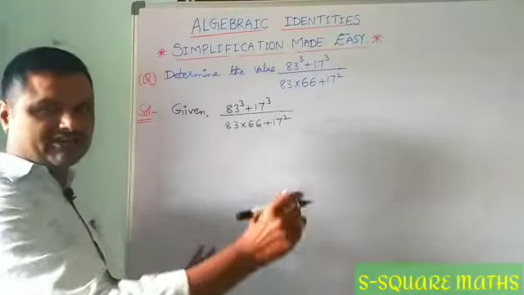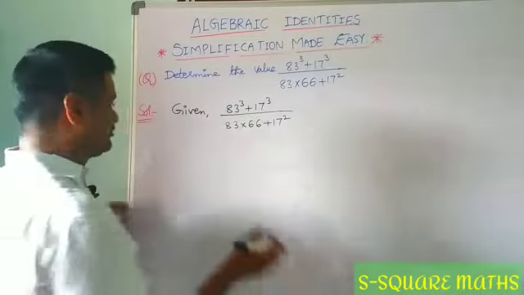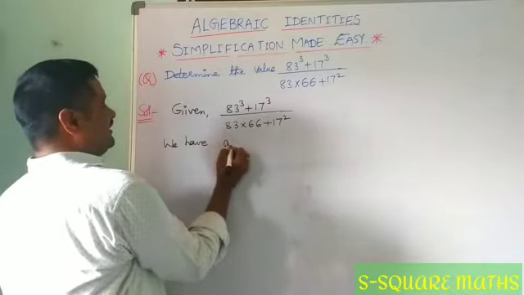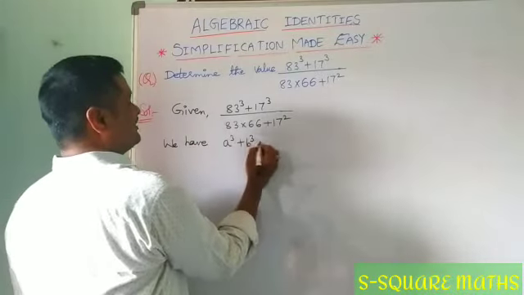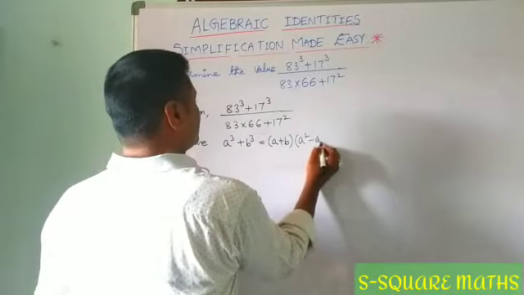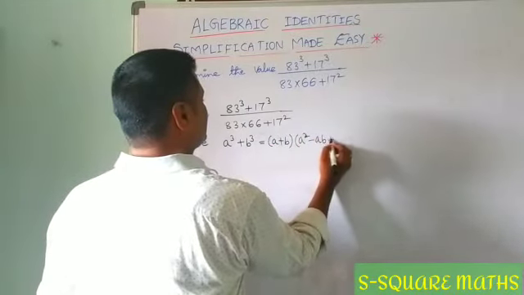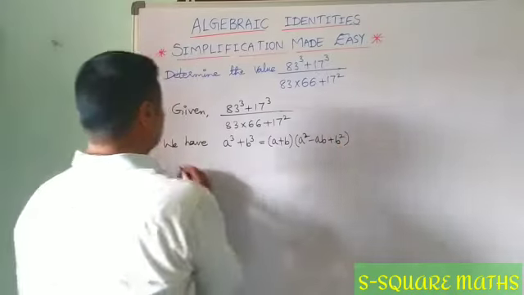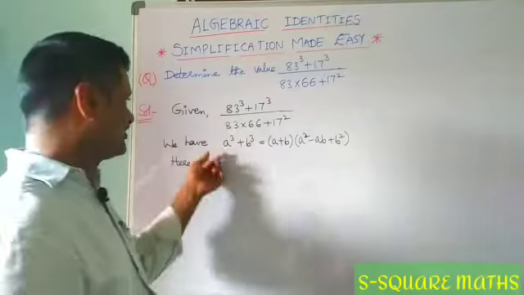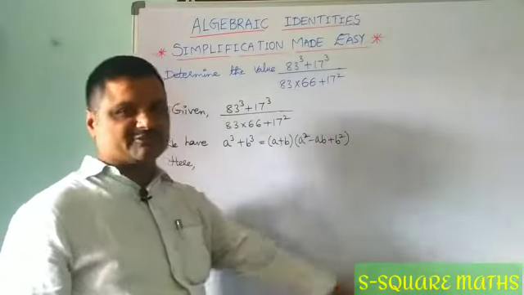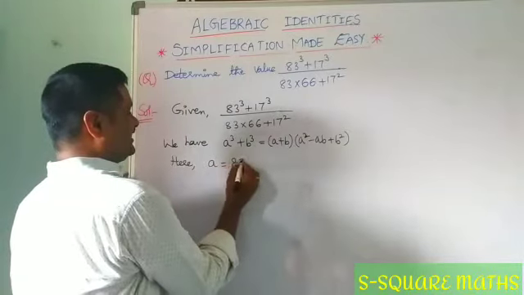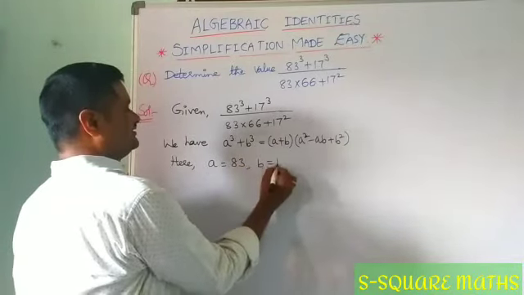So we are going to apply our algebraic identity: a cubed plus b cubed is nothing but (a plus b) of (a squared minus ab plus b squared). It is not (a plus b) whole cubed, it is a cubed plus b cubed. We have here a equal to 83 and b equal to 17.